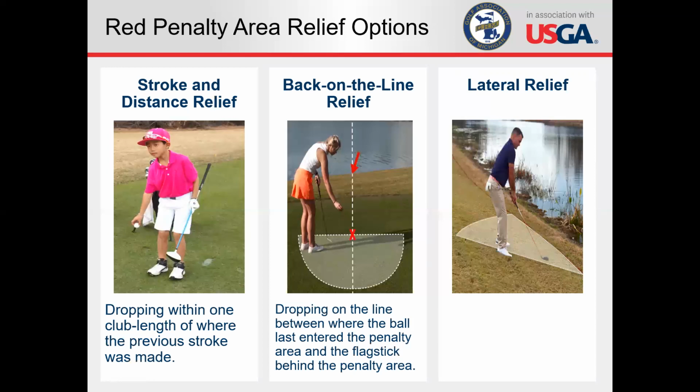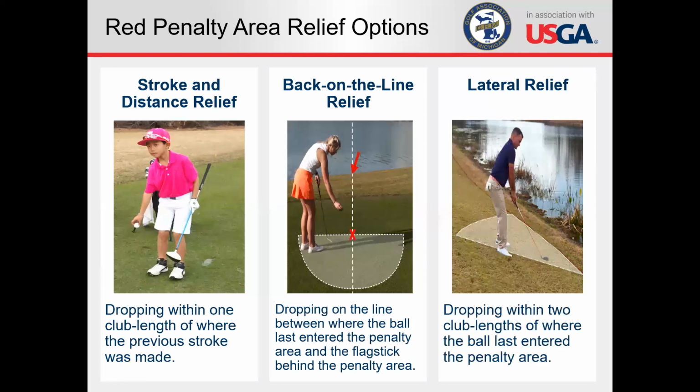It's a little complicated. We'll cover that more. But the big thing with back on a line relief is that you have more than just that exact line on which to drop. You have that 1 club length relief area based on that reference point of that X there.